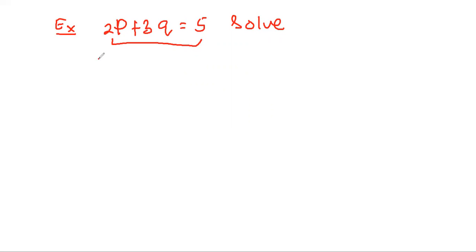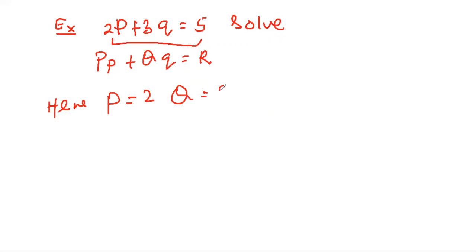When we compare this with Pp plus Qq is equal to R, capital P is equal to 2, capital Q is equal to 3 and capital R is equal to 5. These are the values of capital P, capital Q, capital R of the given equation.